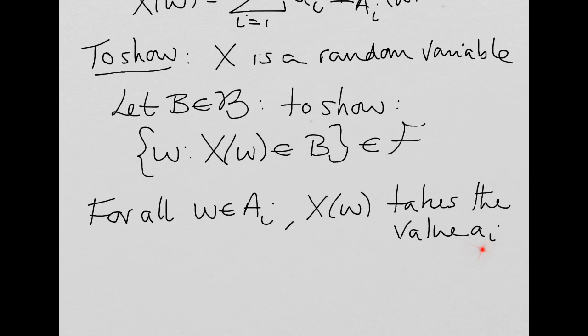So, if this value lies in the set B, then all of these outcomes, all of those contained in A sub I, belong to this set here. While of course, if this value, little a sub I, is not contained in B, then all of the outcomes in the associated event, big A sub I, are not contained in this set here.